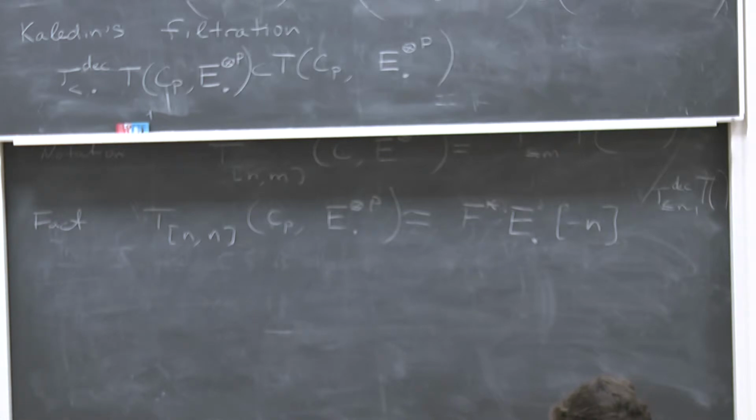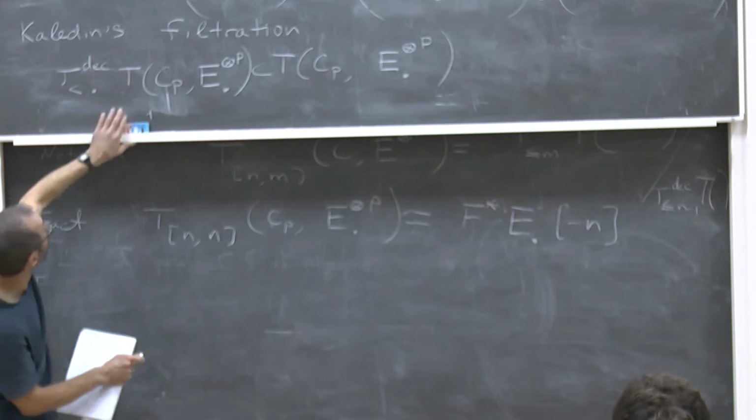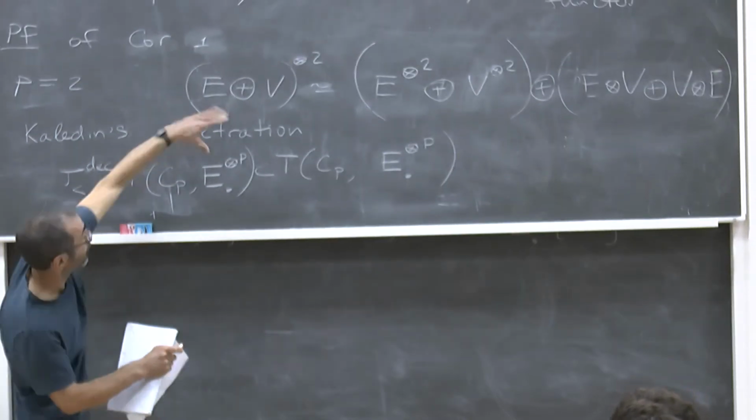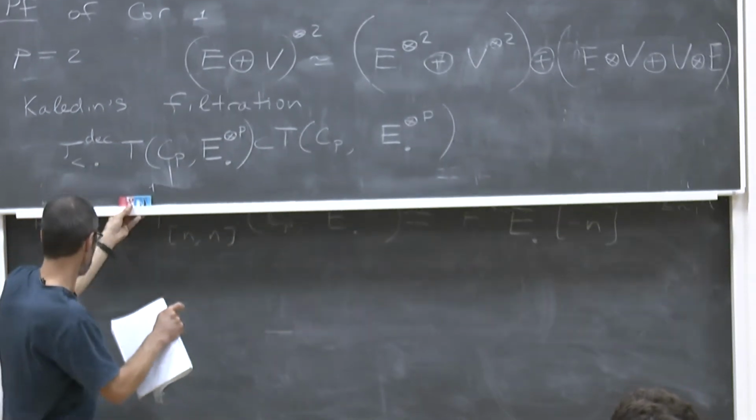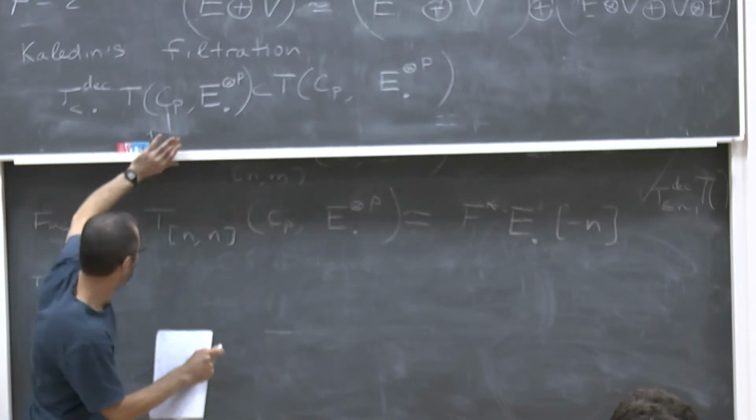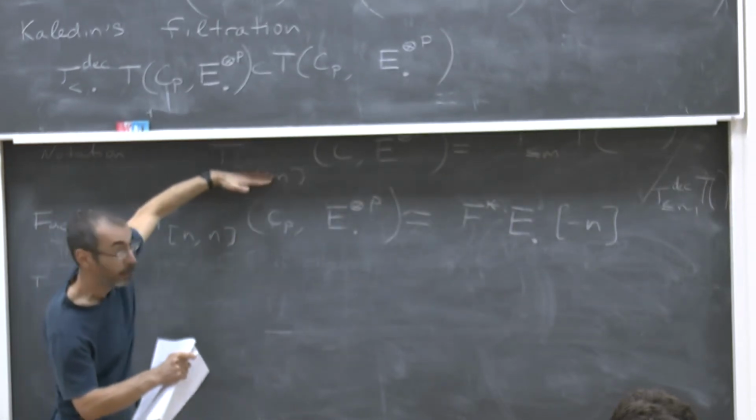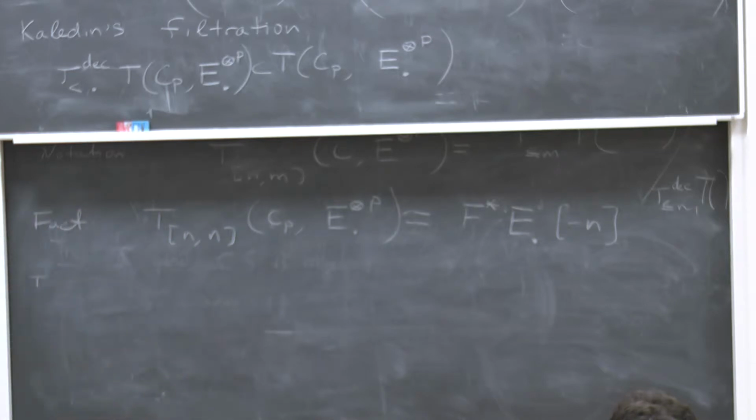So it turns out that, because of this additivity property that I explained, because of this argument, you can compute this functor by taking the p-th tensor power termwise.